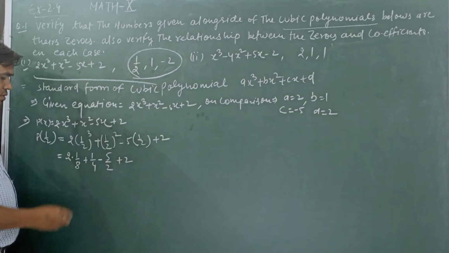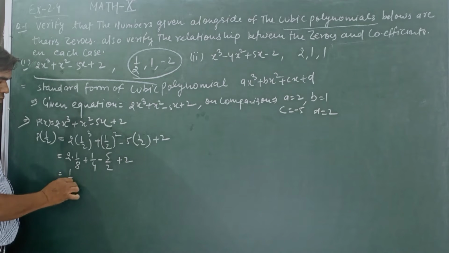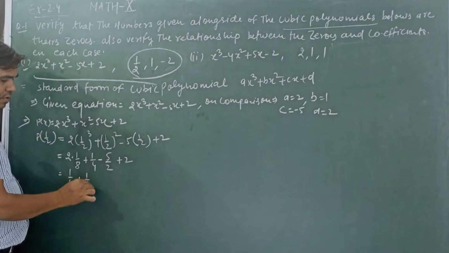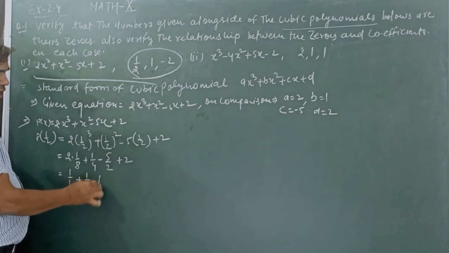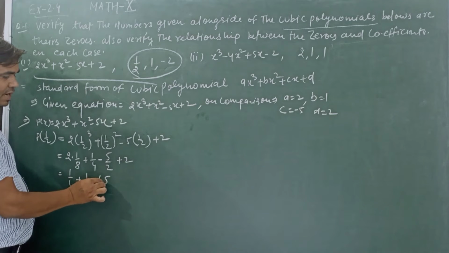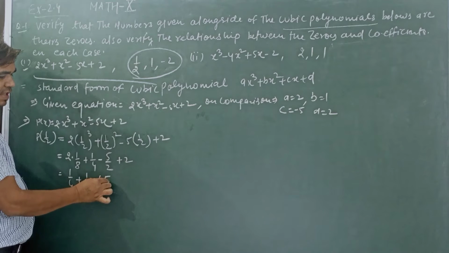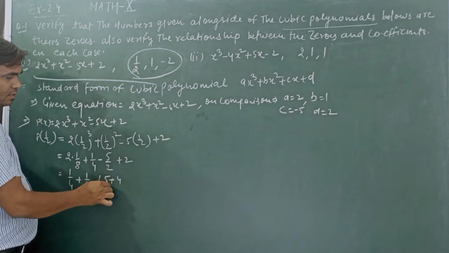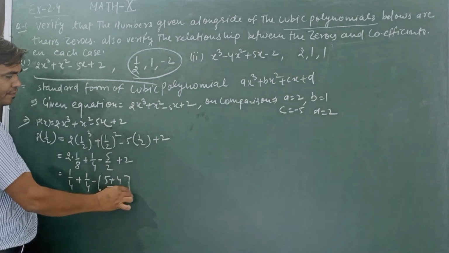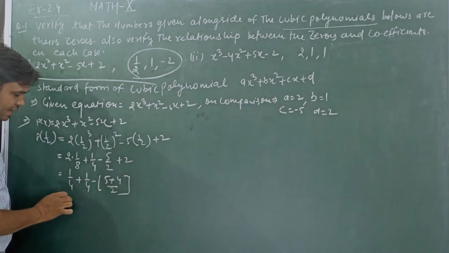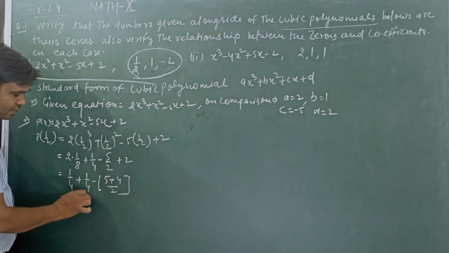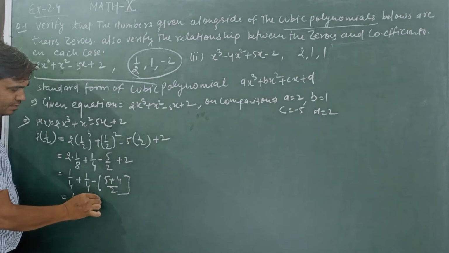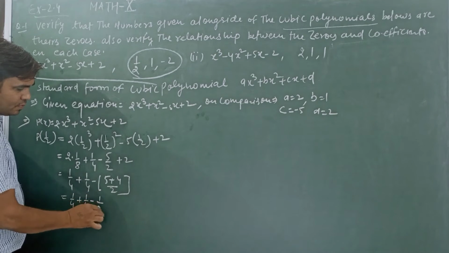So it means 1 over 4 plus 1 over 4, and here we take common: minus 5 plus 4 over 2. So after that we get 1 over 4 plus 1 over 4 minus 1 over 2.